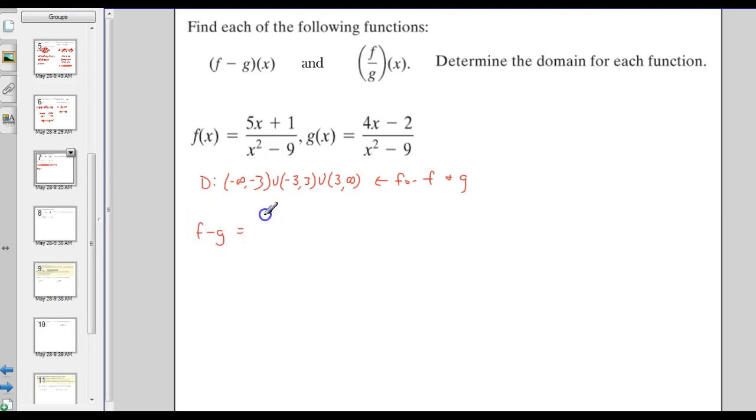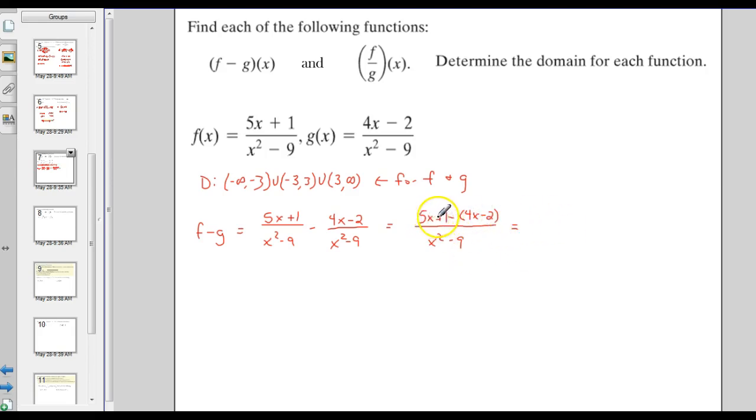So that's going to be f first, so 5x plus 1 over x squared minus 9, minus 4x minus 2 over x squared minus 9. Now remember, common denominator means I can combine the numerators over that common denominator. So x squared minus 9 on the bottom, 5x plus 1 minus 4x minus 2.